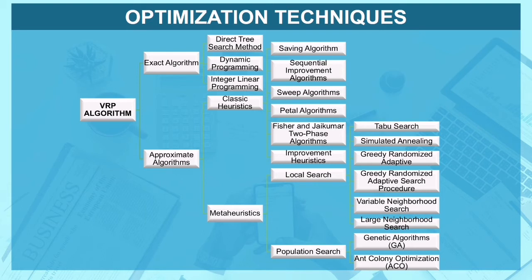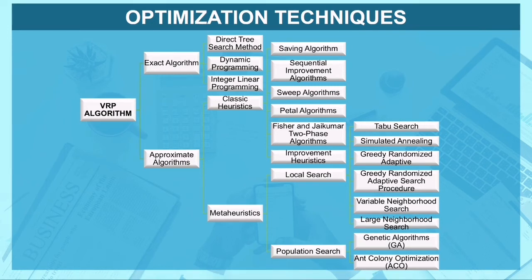There are two categories in meta-heuristic, which are territorial search and population search. Meta-heuristics of territorial search are tabu search, simulated annealing, greedy randomized adaptive search procedure, variable neighborhood search, and large neighborhood search, while genetic algorithm and ant colony optimization are used for population search.